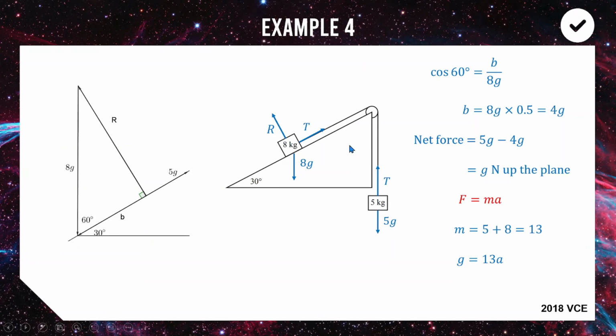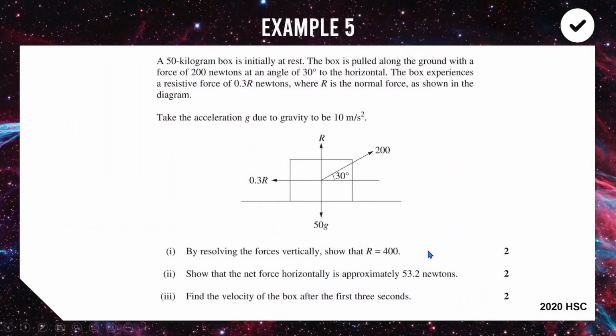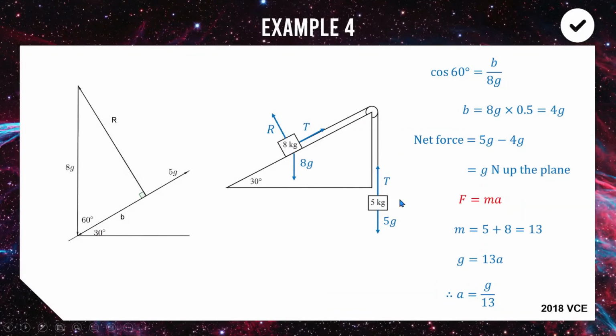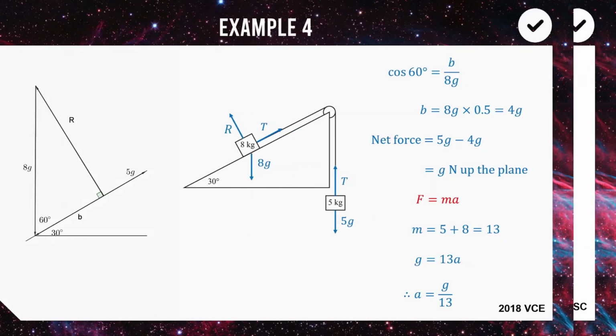Mass is equal to 13 because of the two blocks combined, and acceleration is, of course, a. Now we write acceleration equals g over 13, and is that the end of the question? Yeah, it was. So the direction is up the plane, and the magnitude is g over 13. The question asks for the direction and magnitude of the acceleration of the two boxes. All right, cool. It was a bit scuffed, but you get what you pay for on mathematics.